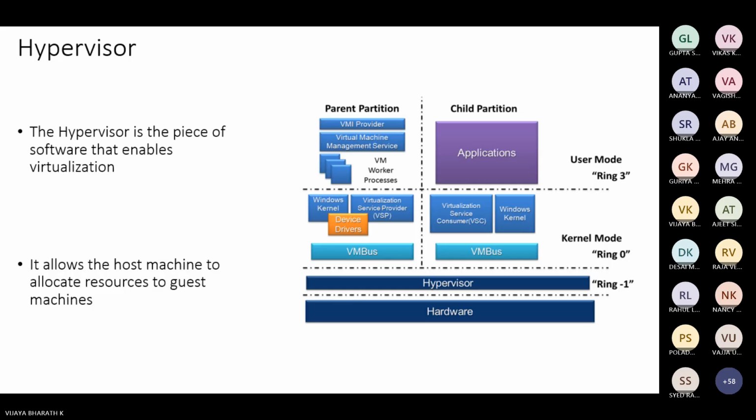So now you can see from the bottom, you have the hardware, and on top of that, you have the hypervisor. The hypervisor is ring -1, and in ring 0 you have the VM-aware OS, let's say, the VM bus.